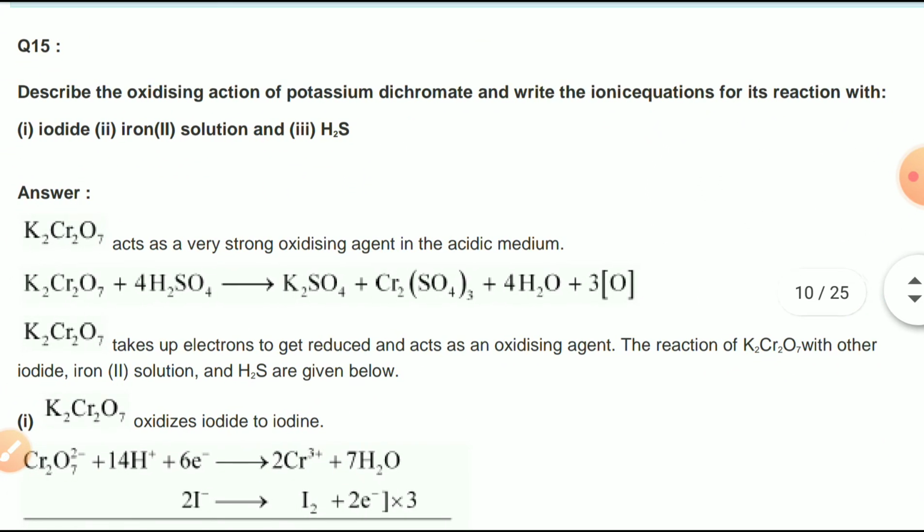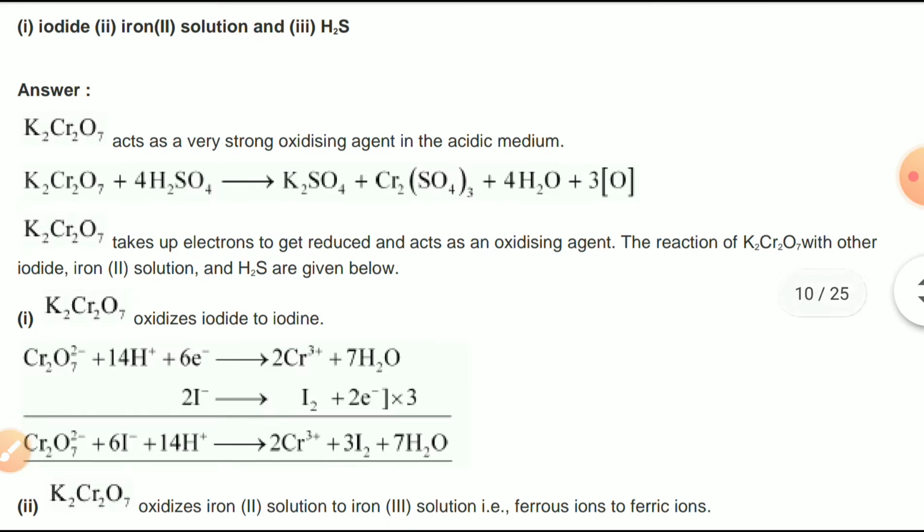Question number 15. Describe the oxidizing action of potassium dichromate. Write the ionic equation for its reaction with iodide ion solution and H2S. So here, K2Cr2O7 plus 4H2SO4 is giving K2SO4 plus Cr2(SO4)3 plus 4H2O plus 3 oxygen.